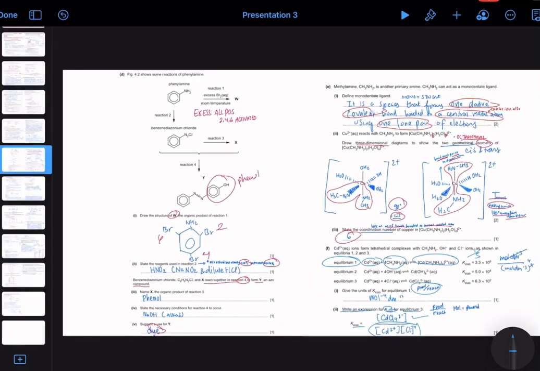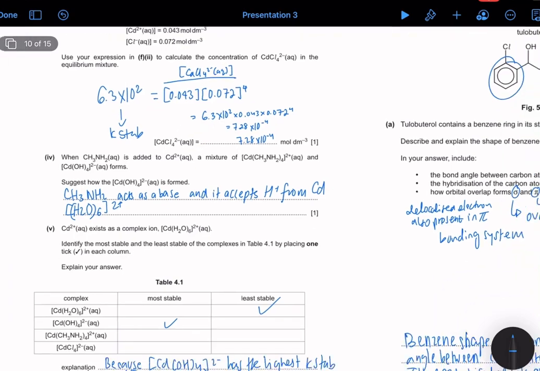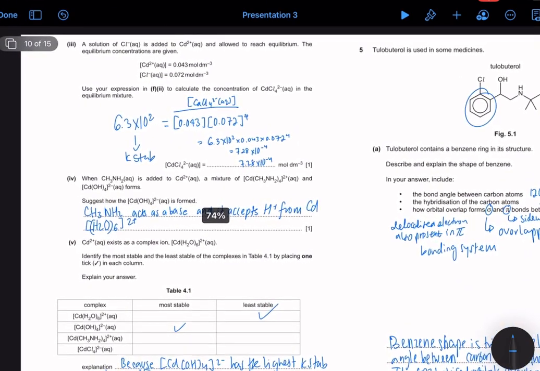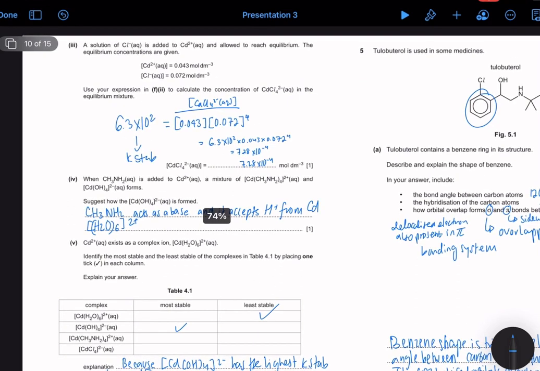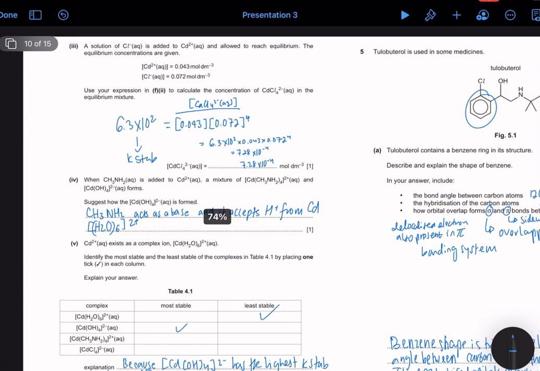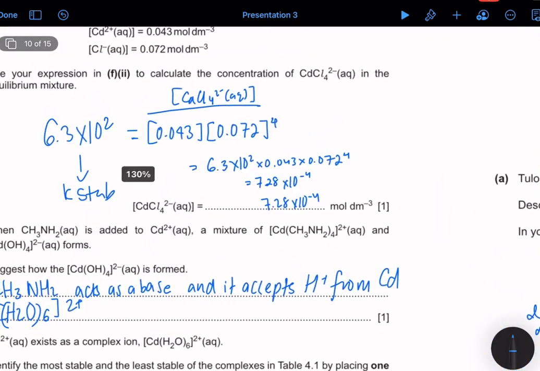Next question, question 3(iii). A solution of Cl- is added to Cd2+ and allowed to reach equilibrium. The equilibrium concentrations are given. Use the expression to calculate the concentration of CdCl4 2-. Again, this is product over reactant, that is your K stability, and you already have it, just plug it in.